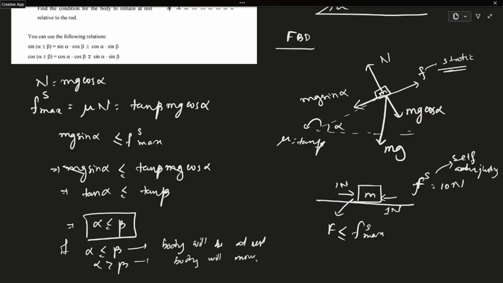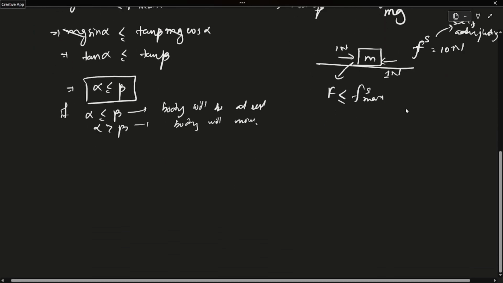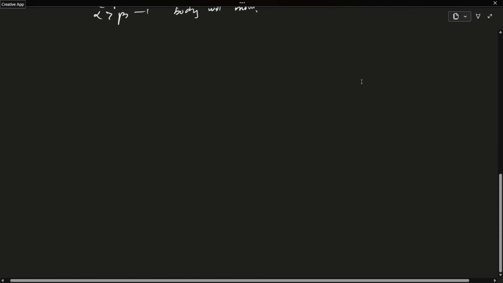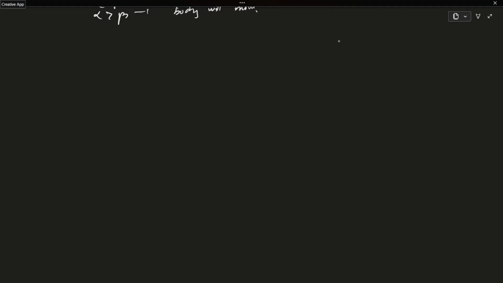You can find this in another way, because I said it is similar to a wedge. You must have heard the term angle of friction. Beta is the angle of friction, right?